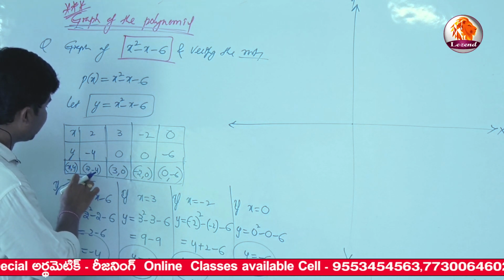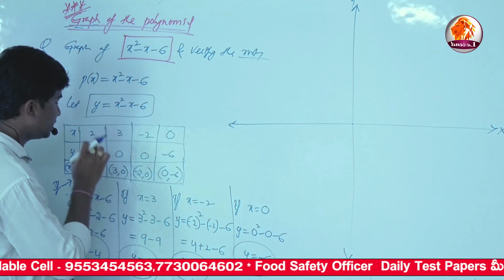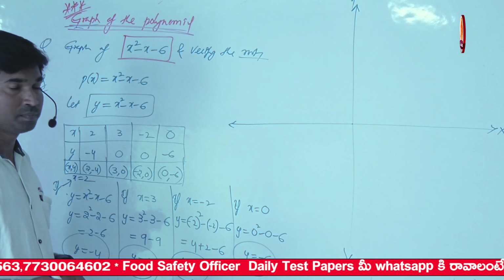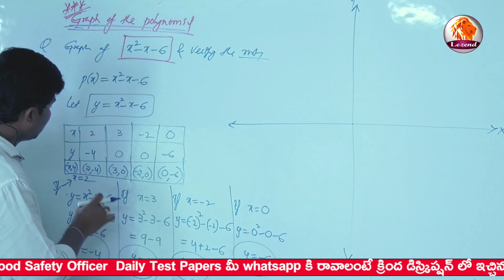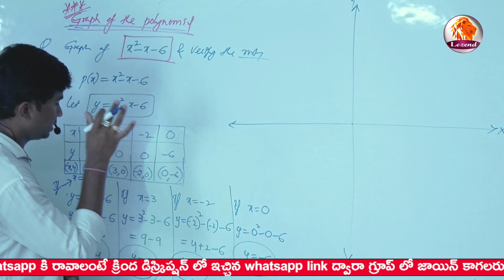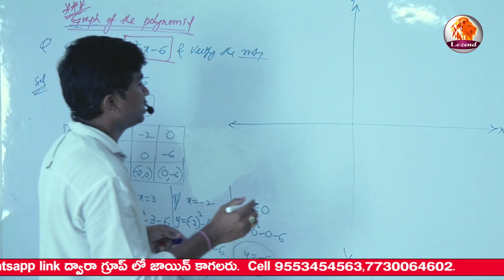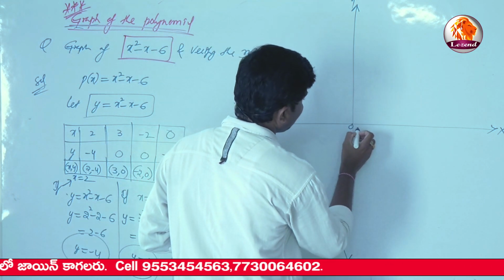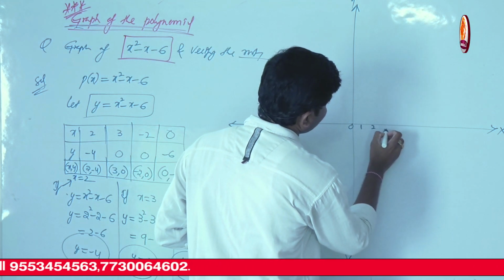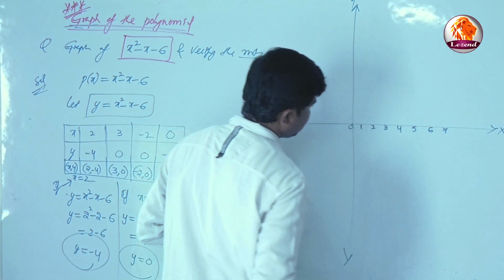You can observe the x values 2, 3, minus 2, 0. So 3 is the highest value in the abscissas. Similarly, in the ordinates minus 4, 0, 0, minus 6, among the negative terms we have 6 also. Now we can take the points 0, 1, 2, 3, 4, 5, 6, 7 on the positive side, which is enough.